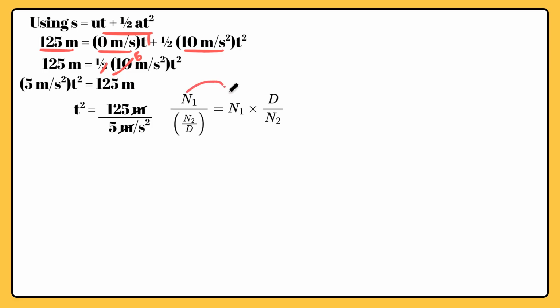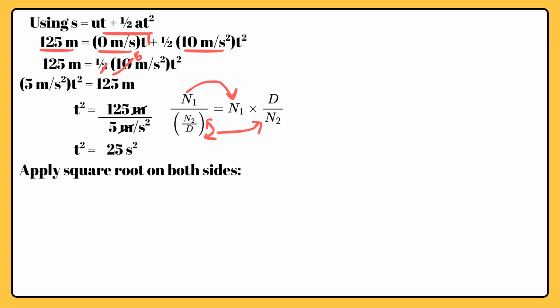So the numerator on top, 125, is written as it is, and then a multiplication sign is put next to that. Now this is the important part. The fraction in the denominator, we have to write its reciprocal beside the multiplication sign. 125 by 5 is 25, and the second squared term comes into the numerator by simplifying the fraction. Next, if we apply square root on both sides, we get t is equal to 5 seconds.